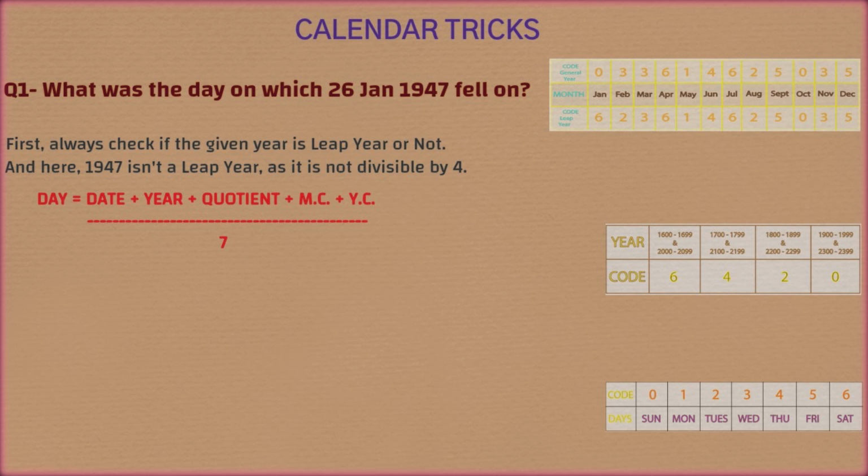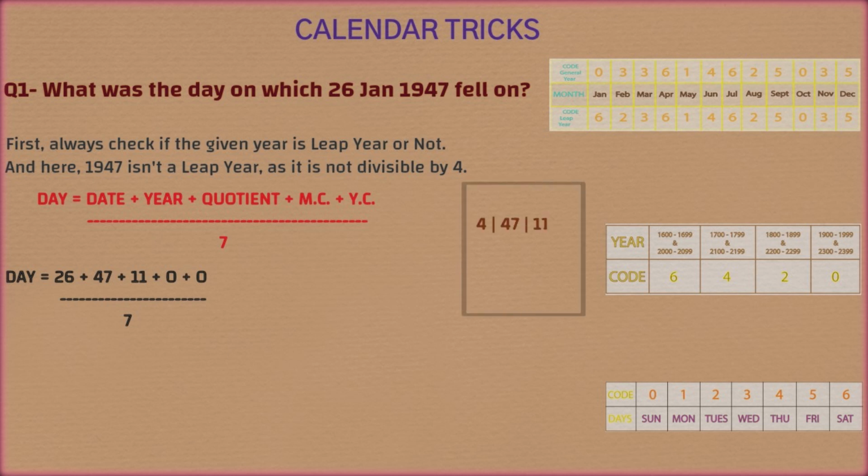First, we substitute the date given to us, that is 26. Second, the value of year will be the last 2 digits of the given year, that is 47. Then the quotient. We get the quotient by dividing 47 by 4, and in this case we get 11. We substitute 11 in our formula.